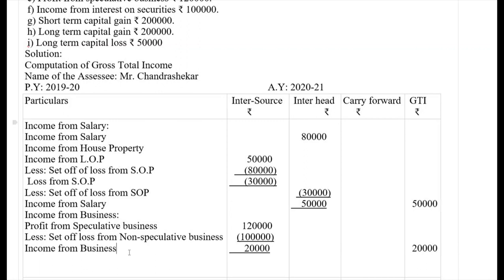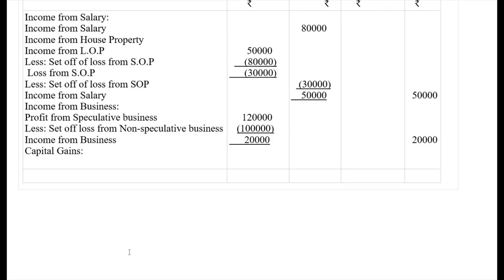Then the next one comes here, capital gains. Under capital gains here we have got long-term capital gain rupees 2 lakhs, long-term capital loss 50,000, and short-term capital gain. We have sufficient long-term capital gain to adjust the long-term capital loss here.